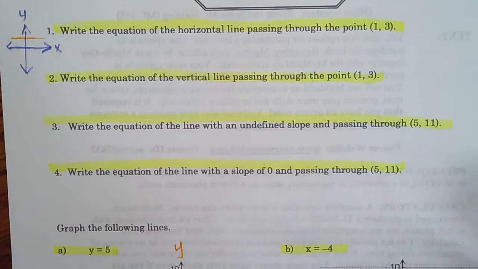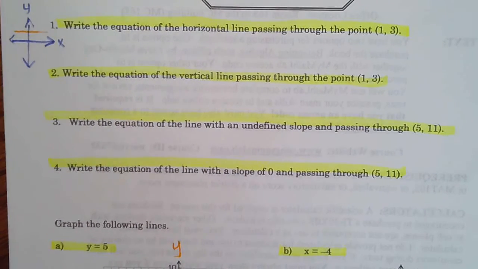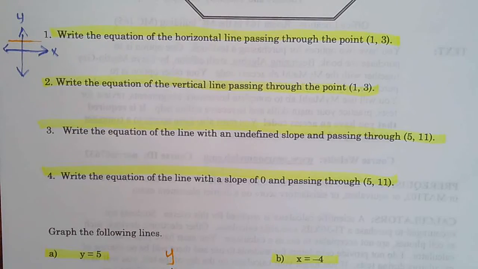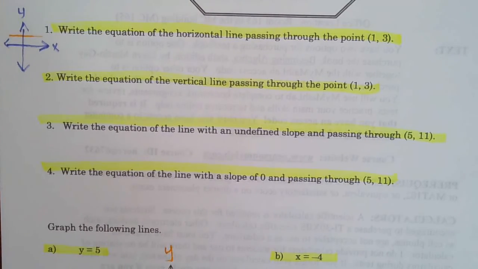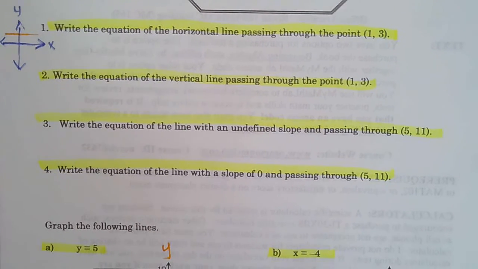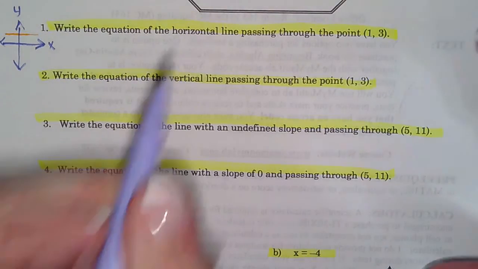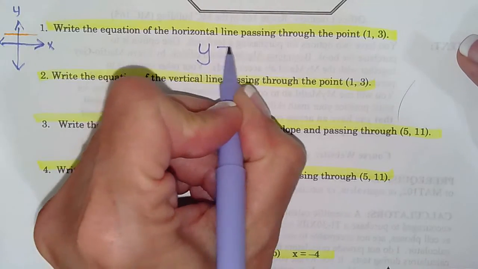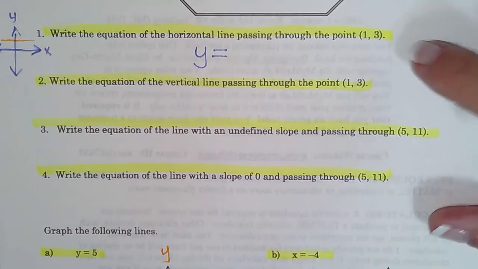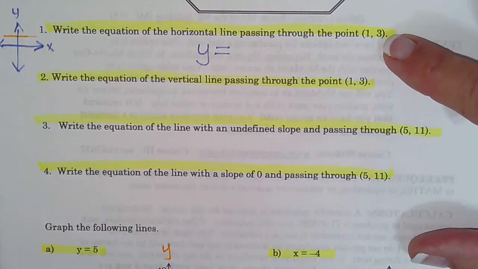So I know, since this is a special case, it only has one letter, and remember, it's named by which axis it passes through. This one passes through only the y, so I write y equals, and then I go over to my point and go, what does y equal? Oh, y is 3.